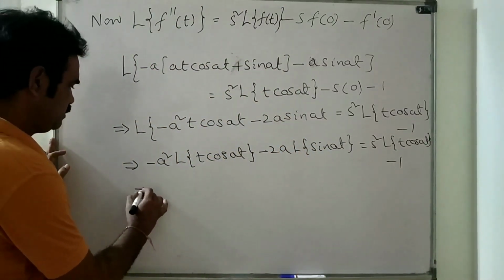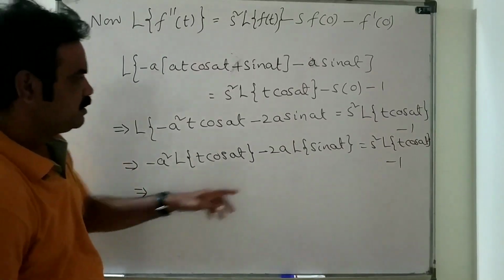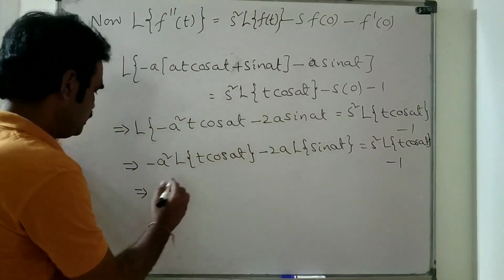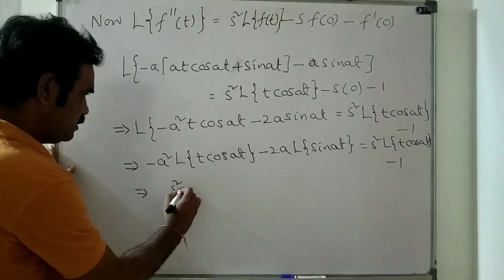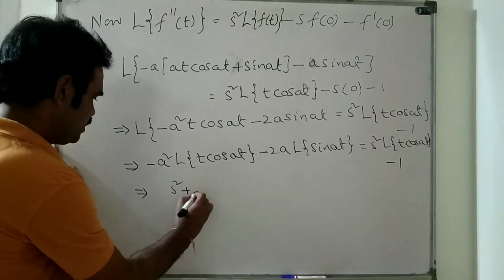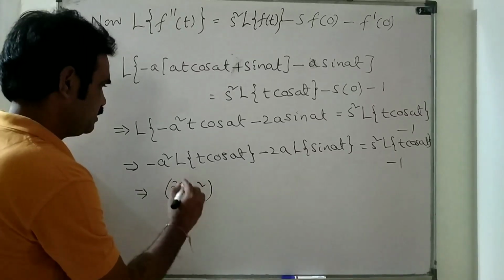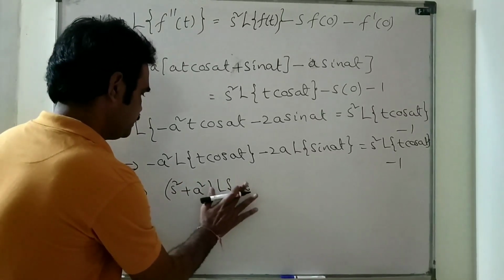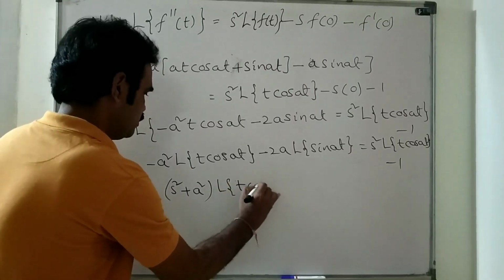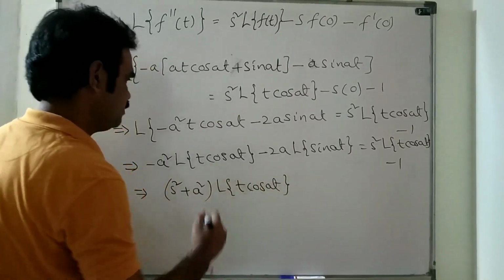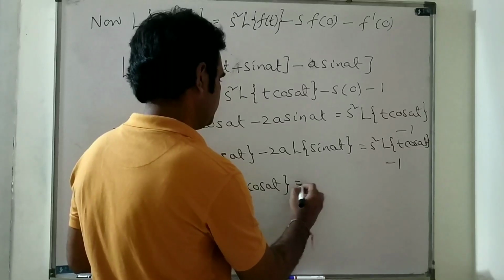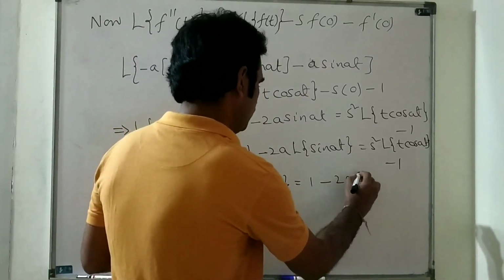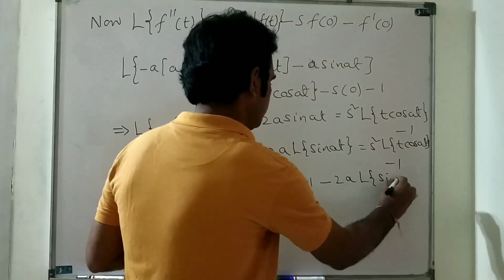That implies, this is s² into L of t cos at. Send this to the RHS and take L of t cos at common: (s² + a²) into L of t cos at is equal to 1 minus 2a L of sin at.